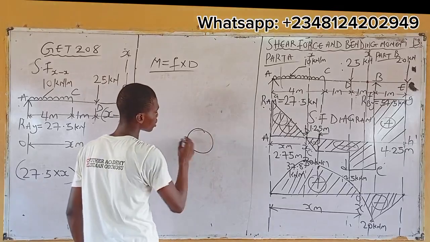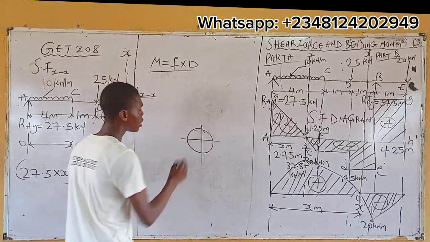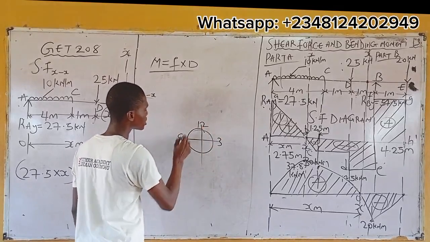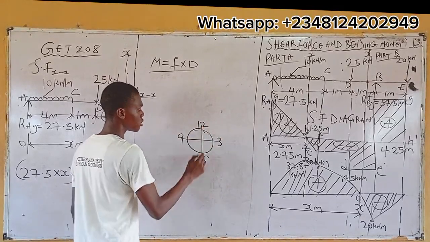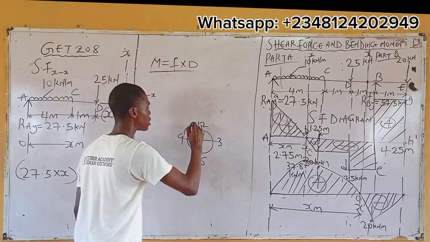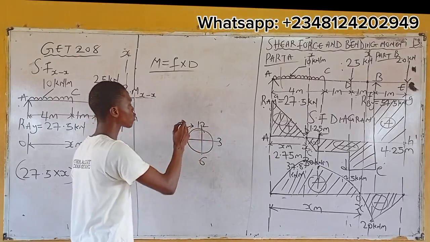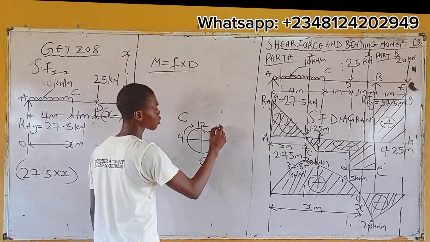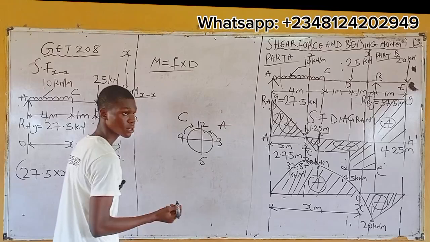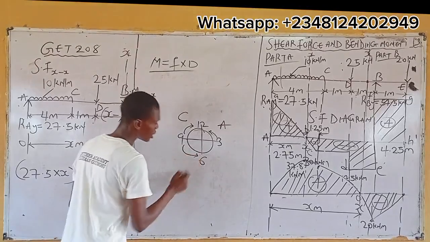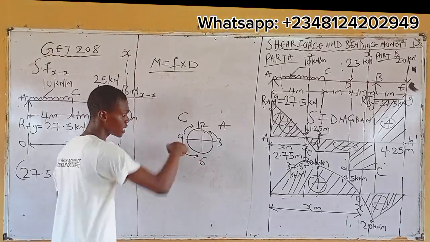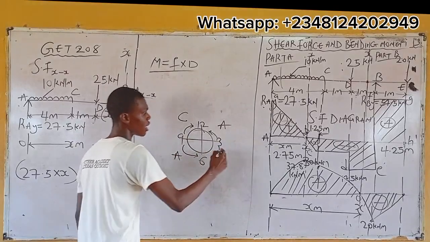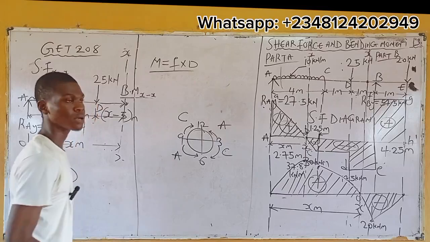Say this is your work log, this is 12, this is 3, this is 9, this is 6. Going like this is clockwise. Going against it is anti-clockwise. Going in the direction means clockwise.